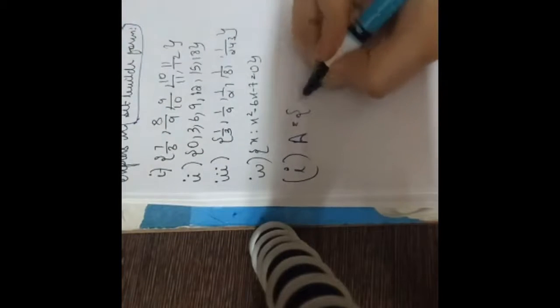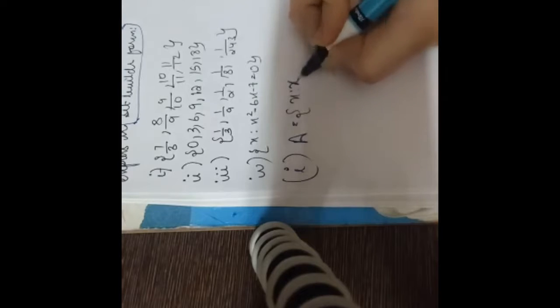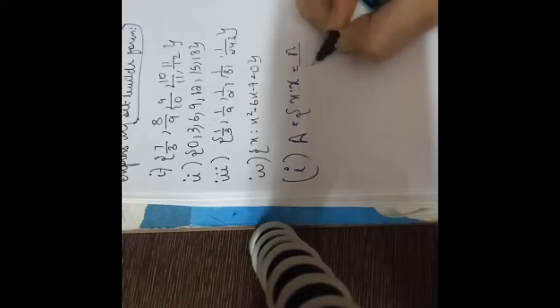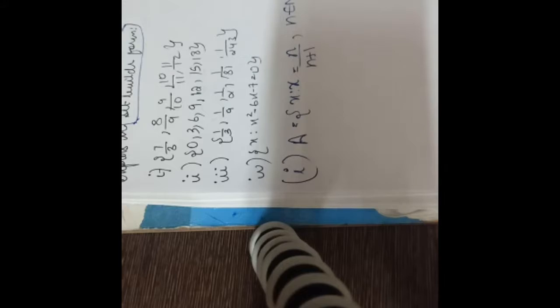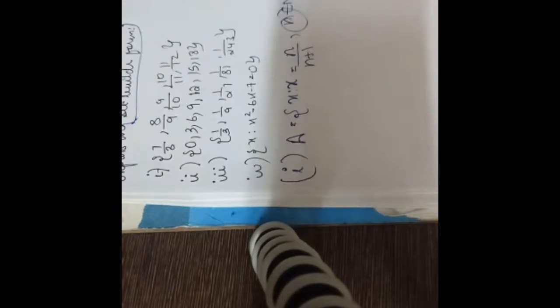A is equal to x such that x is equal to n upon n plus 1, where n belongs to the natural numbers and n is greater than or equal to 7, but it is less than or equal to 11. Now, how do you think that the natural numbers which we represented by n are less than or equal to 11 and greater than or equal to 7?